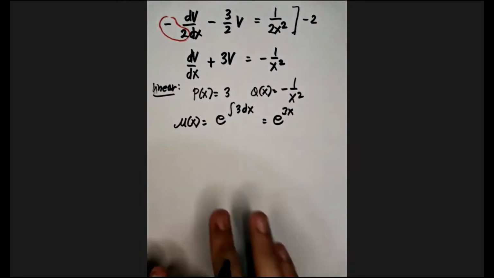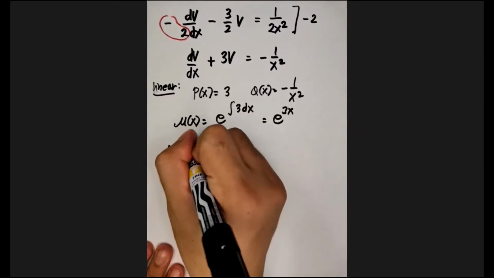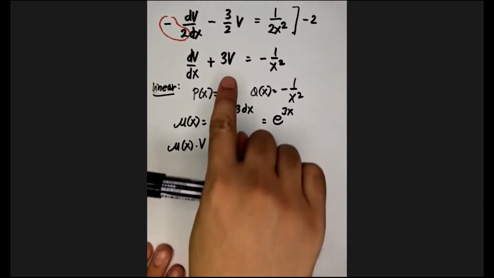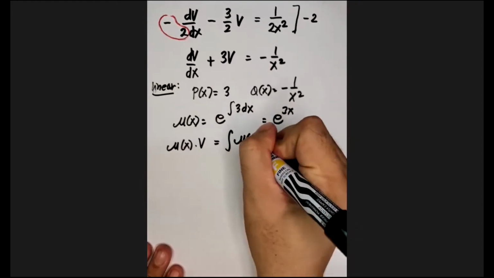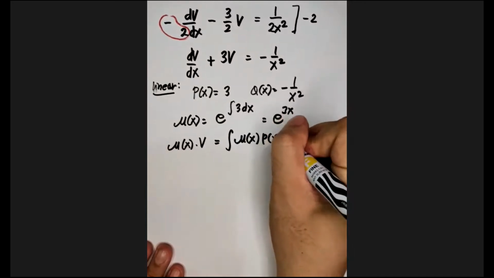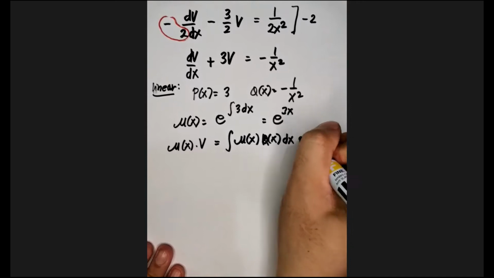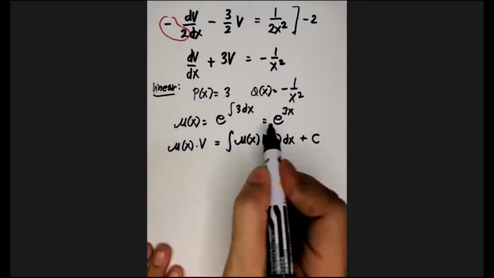Ayan. So pag nakuha na natin yan, gamitin natin yung formula natin, yung mu of x times v. It's not y, it's v. That's equal to the integral of the integrating factor times q of x, not p of x, it's q of x, dx plus c. And then we substitute. So ano yung integrating factor natin?